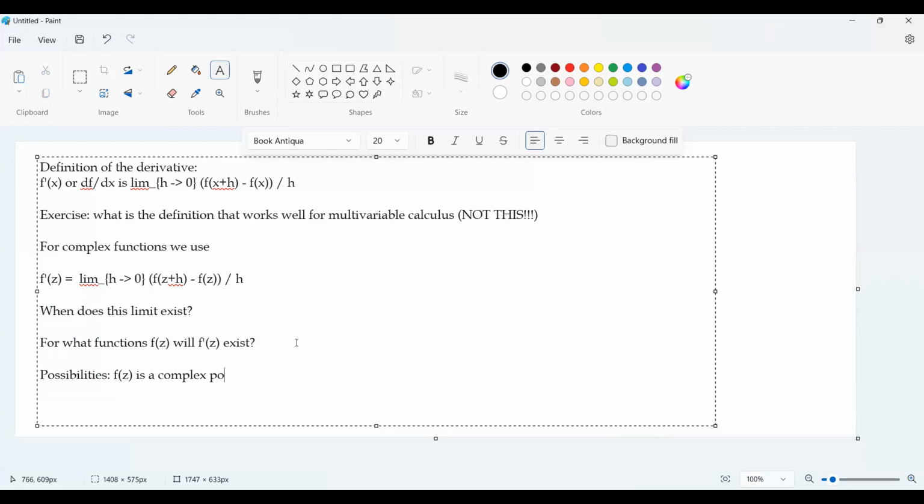Great. So if we have a complex polynomial, a_n z to the n plus dot dot dot plus a1 z plus a0, then the same proof from calculus should work as before.